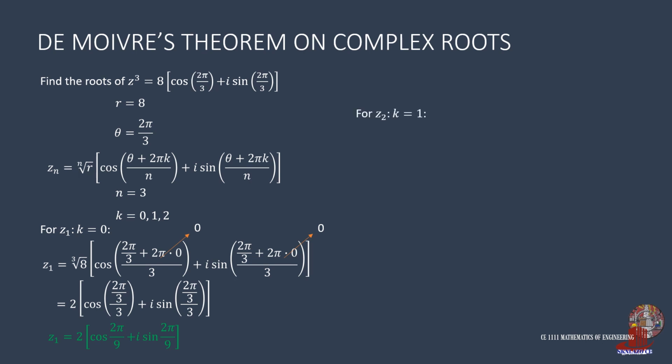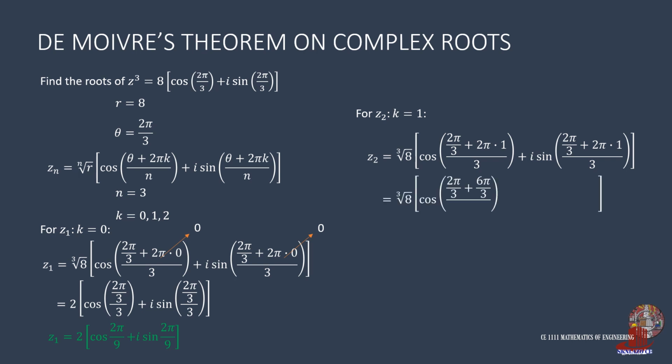The second complex root uses k as 1. Place this into the equation and get the cube root of 8 times cosine of 2/3 of pi plus 2 pi times 1 over 3 plus i sine of 2/3 of pi plus 2 pi times 1 upon 3.